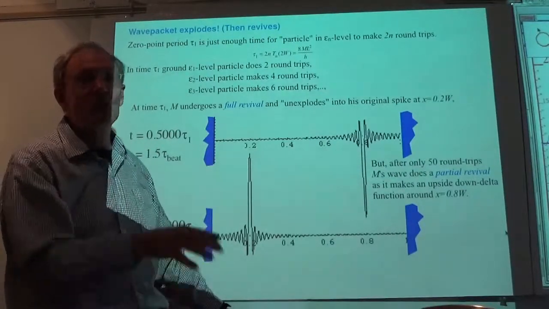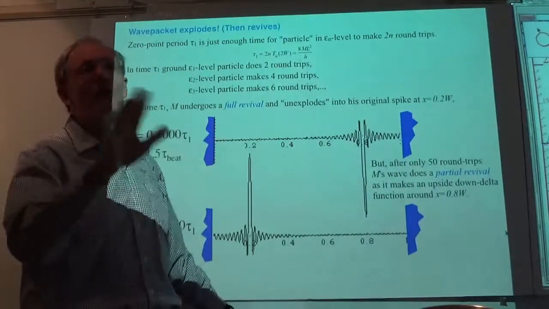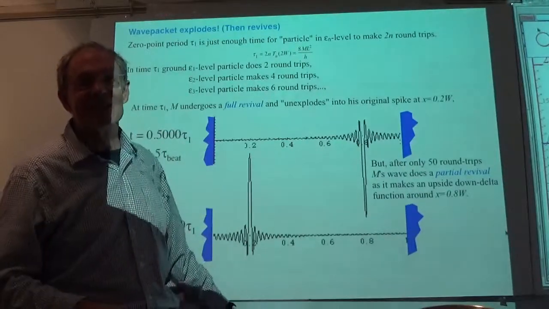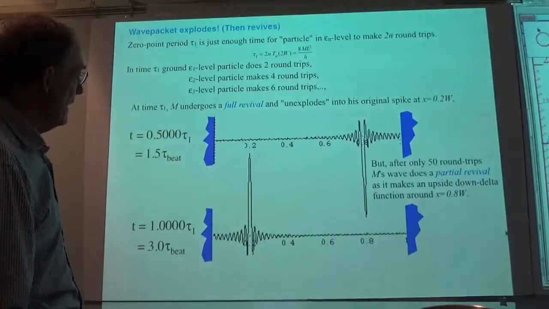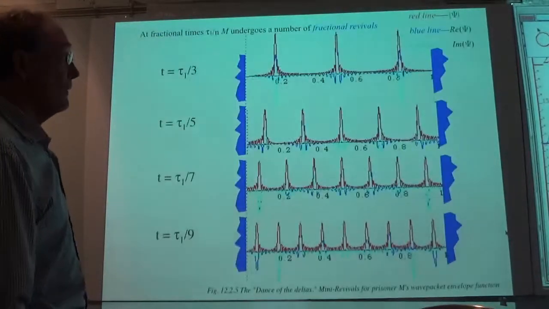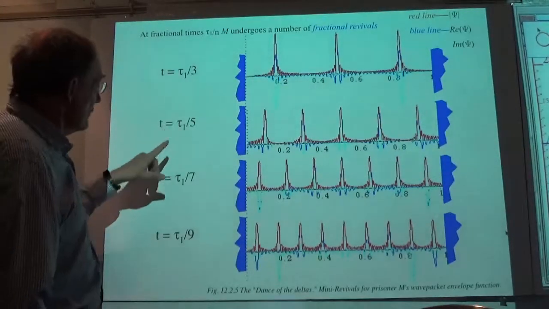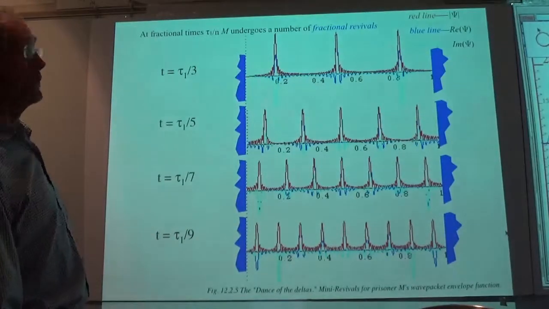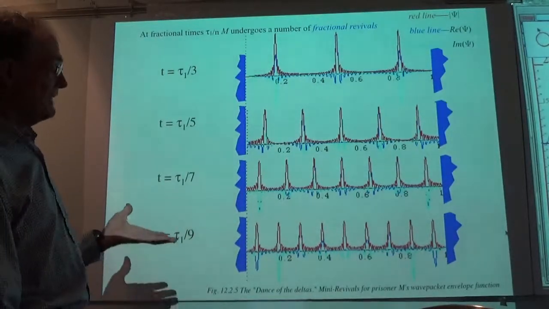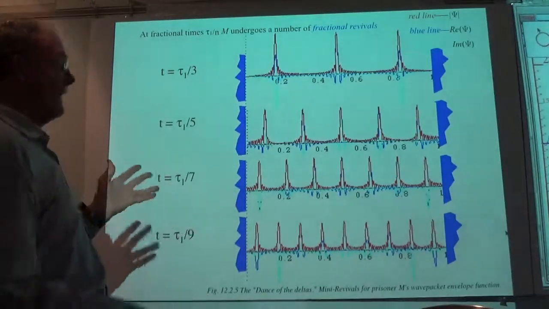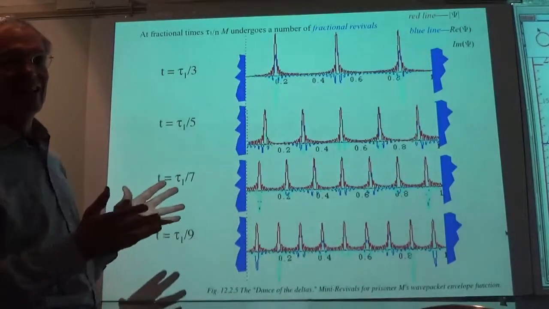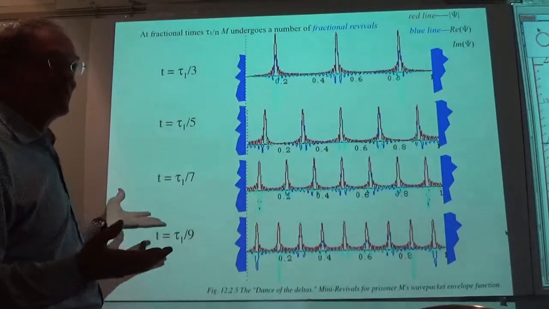Yeah. And we'll show this another way with the Bohr. The Bohr is so much better at this. Okay. And then at a third and a fifth and a seventh, you get these crazy things. Now we really have to talk to Mr. Bohr. What is going on here? It's a kaleidoscope.